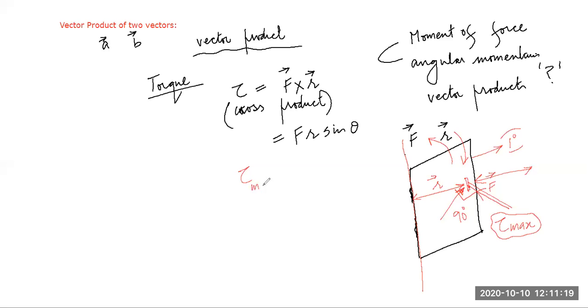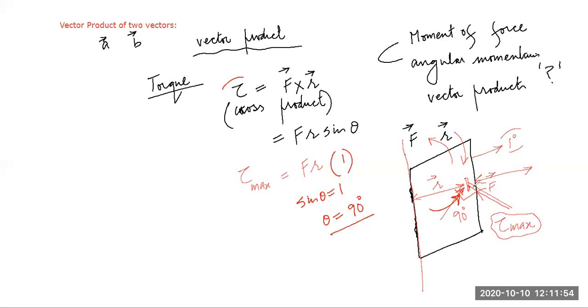The maximum value of tau would obviously be F into r. This is when sin theta becomes 1. So sin theta is 1 when theta is equal to what? 90 degrees. Sin theta is 0 when theta is equal to 0. Hence, defining vector product as F r sin theta makes a good choice.